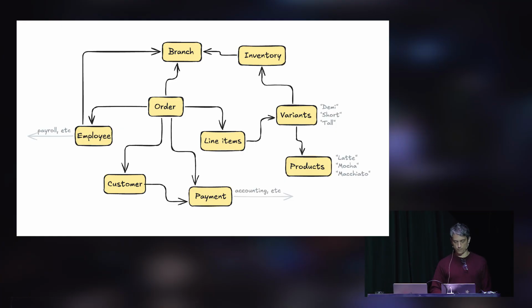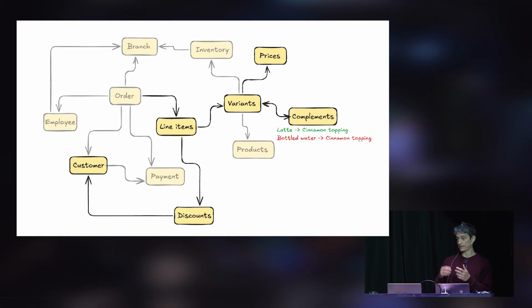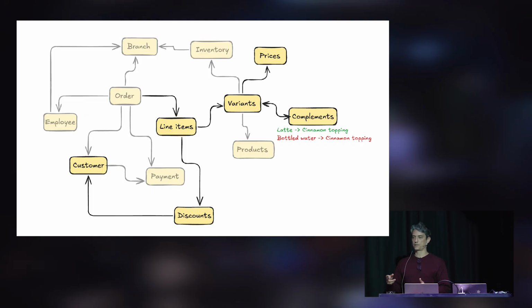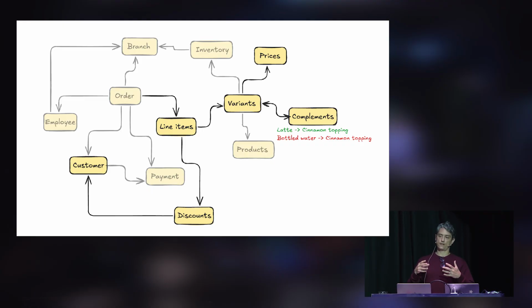And then as the domain becomes more complex, as we need to add more features, for example, we start adding more nodes and edges to this graph. So now we have discounts associated to customers, we have complements associated to variants, prices, inventory, and so on. As the domain becomes more complex, the graph mental model that we have in our heads becomes deeper.